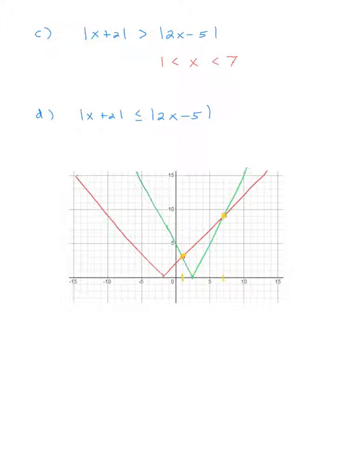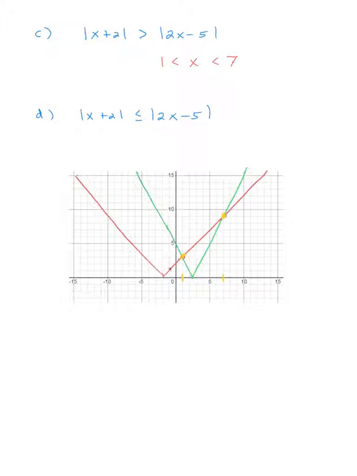Okay, let's look at this here. x plus 2 less than or equal to the absolute value of 2x minus 5. So again, here's x plus 2. Here's the absolute value of 2x minus 5. This time, this is where x plus 2 is less than the absolute value of 2x minus 5, and that's referring to these x values.